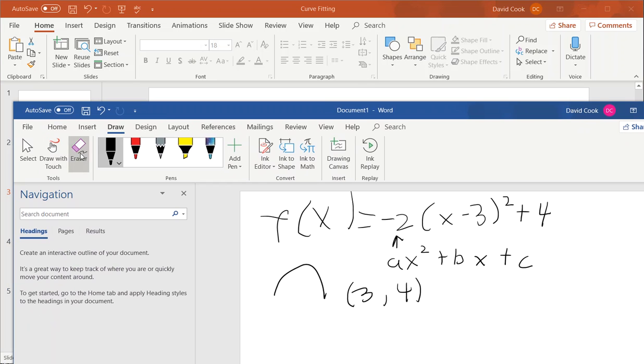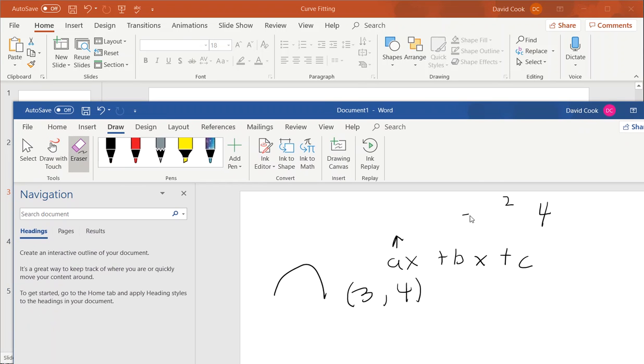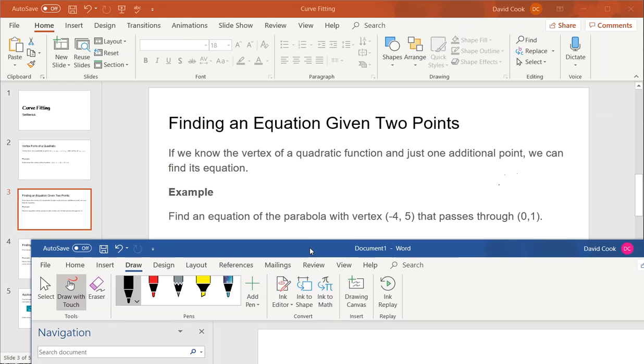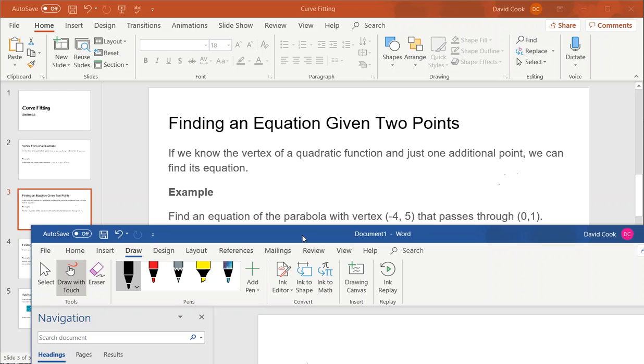Let me erase all of this information here. There we go. And go back to pen mode. Let me write down the vertex here. We have negative 4, 5. That's my vertex, and my point is 0, 1.